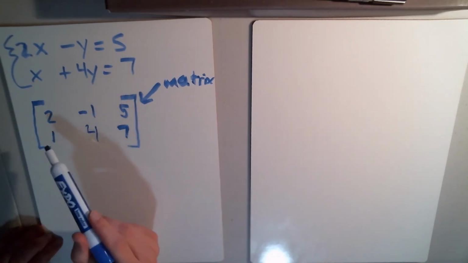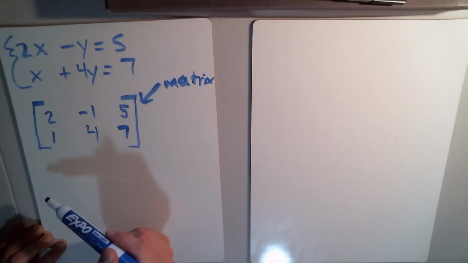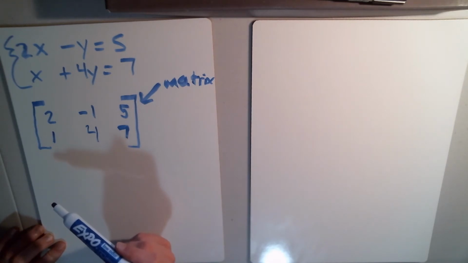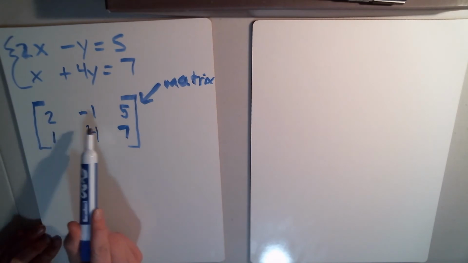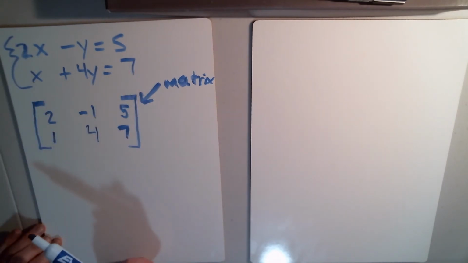It's just rows and columns of numbers, okay? Now, normally those rows and columns of numbers mean something. They're not just random numbers. Like in this case, they're the coefficients in this system of equations, which could come from a story problem.